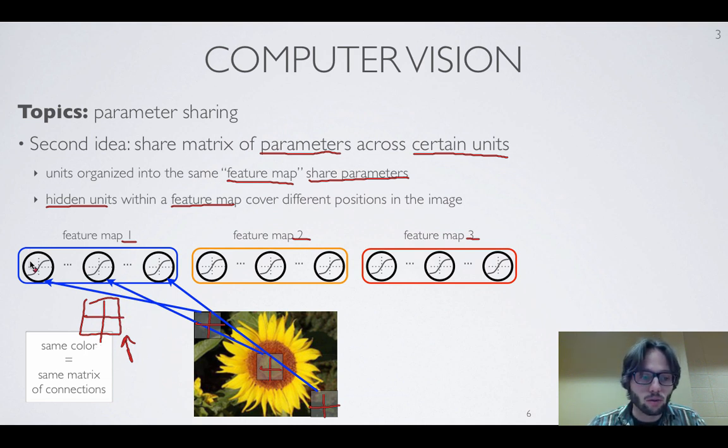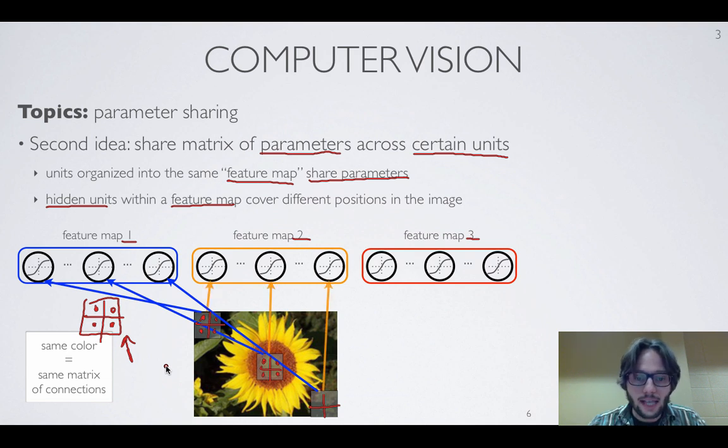That hidden unit would multiply this weight by this input, plus this weight by this input, plus this weight times this input, plus this weight times this input. And then this hidden unit here would compute this input times this weight, and so on for the four inputs. I want to emphasize that we're using the same matrix, the same set of parameters, for this hidden unit and this hidden unit here.